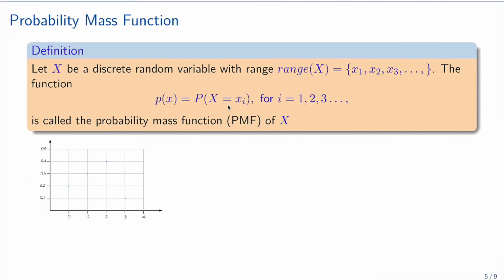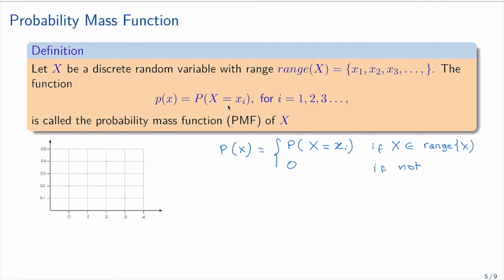In the last example, we assigned probabilities to the random variable. That's called a probability mass function. If x is a discrete random variable with a given range, then the function p of x is equal to the probability that x is equal to one of the values in the range, or 0 if not.